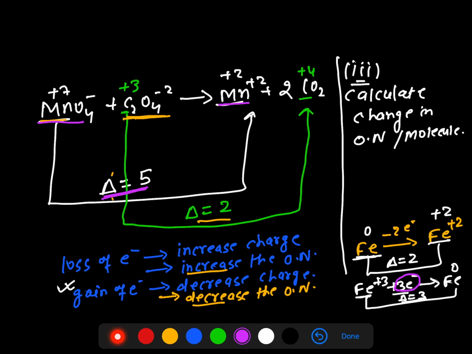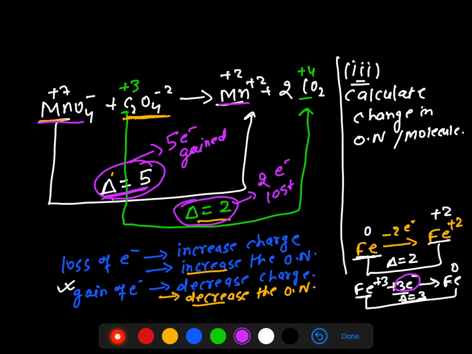That means 5 electrons were gained by MnO4-, while in case of C2O4 2-, can we say that a change of 5 units means 5 electrons are gained? If the change is by 2 units, and that is the oxidation process, we can say that 2 electrons were lost.